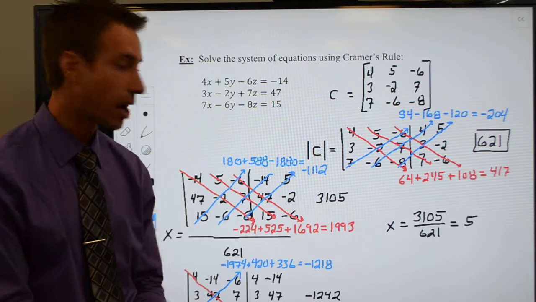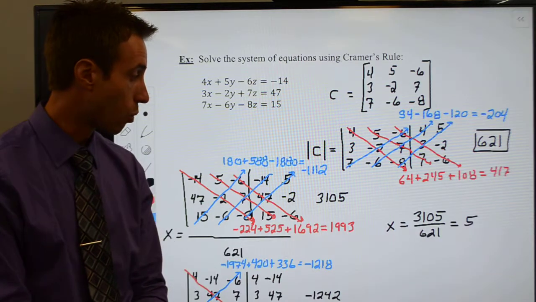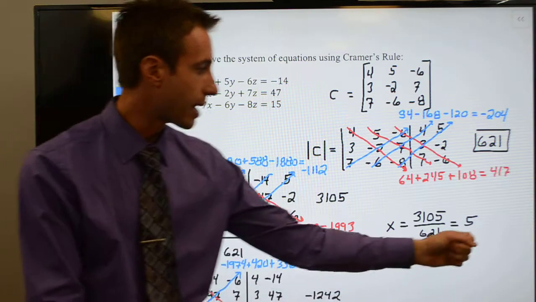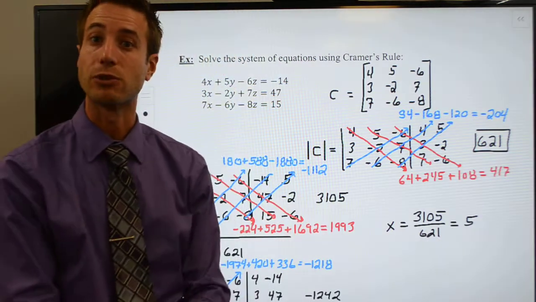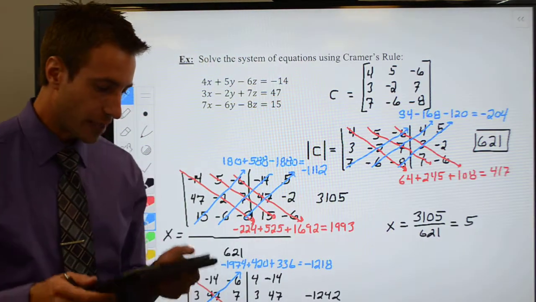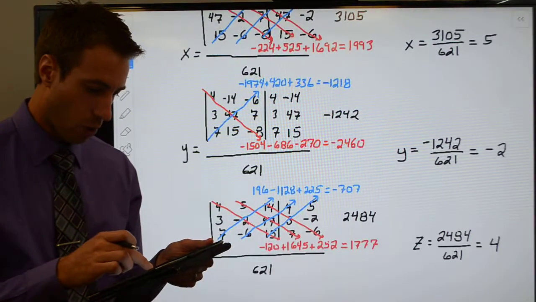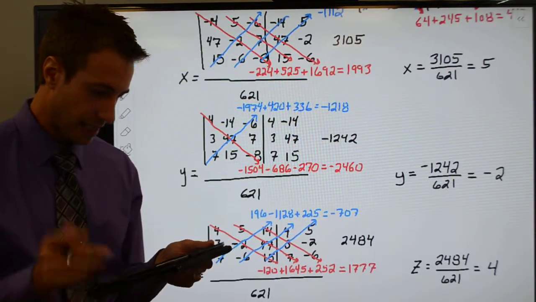Bottom minus the top, 3,105. 3,105 divided by 621, and I get 5. So my x value turns out to be a 5. We do the exact same thing for the y and the z.